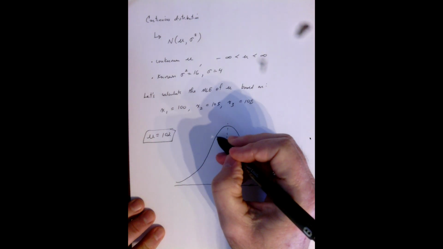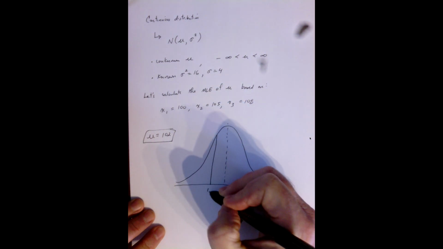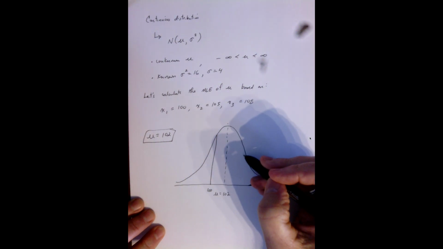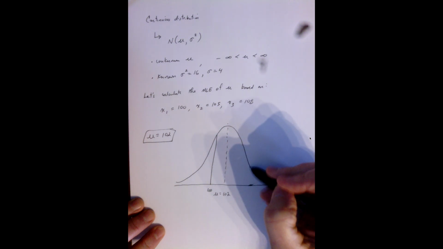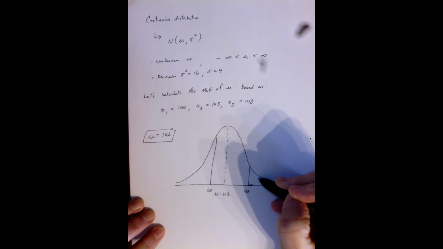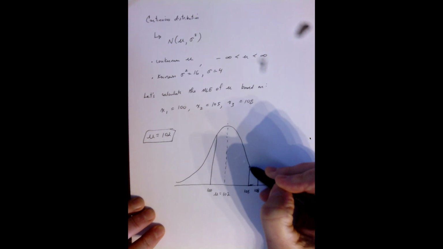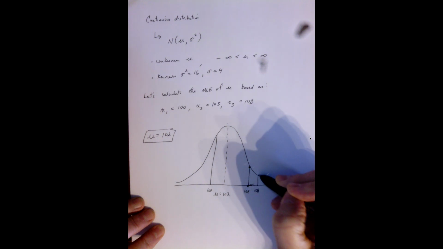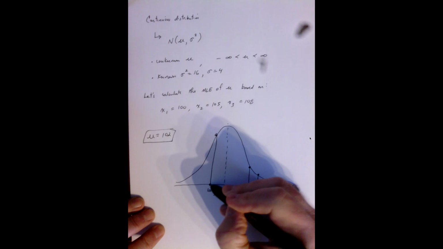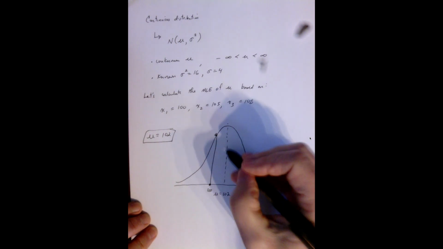So we have these things called densities. If I can come to 100, and then 105 would be about right here someplace, and 108 would be about right here. The height of this segment from the horizontal axis up to the curve is called the density.